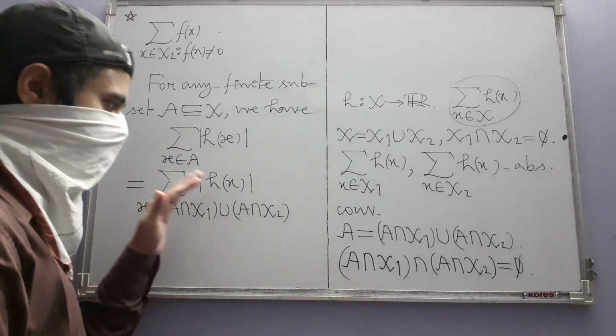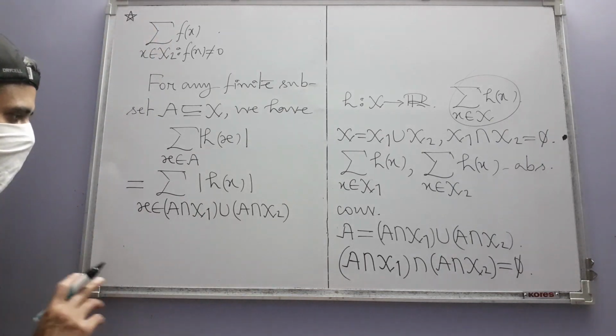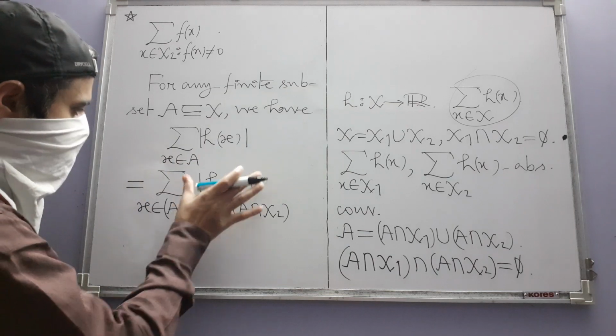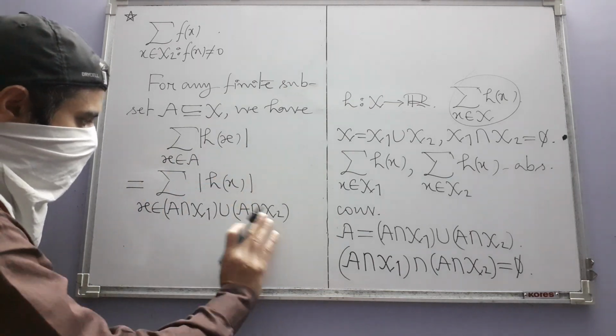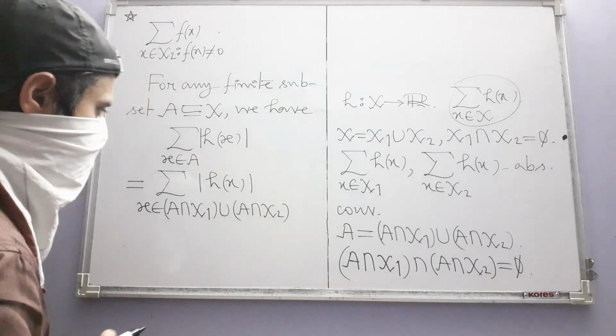Now note that here we are dealing with finite sums, and you have a finite sum in which the set over which you are considering the sum is a union of two disjoint sets.